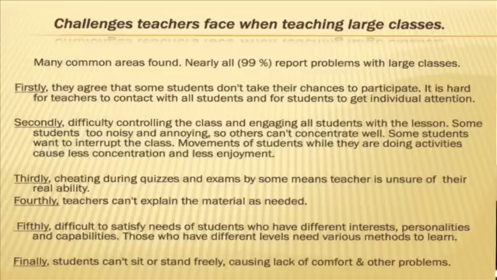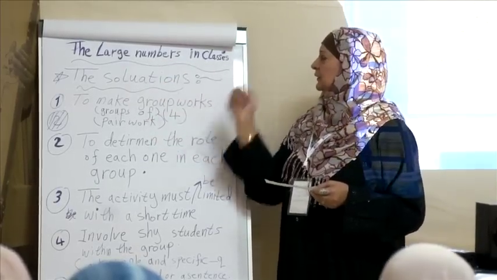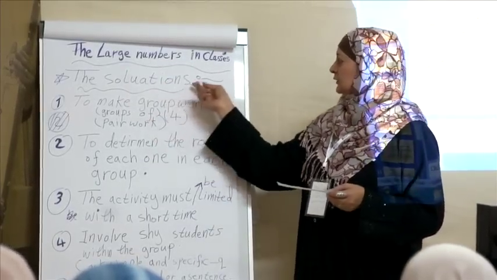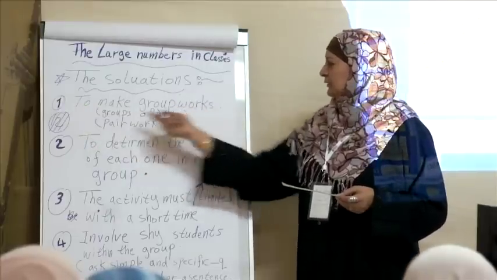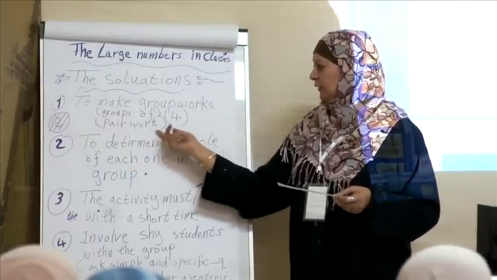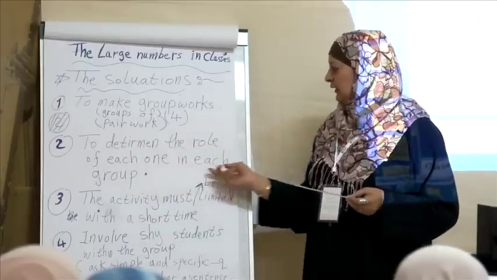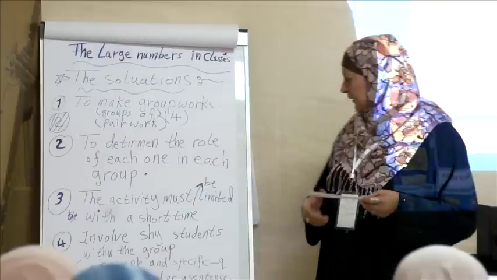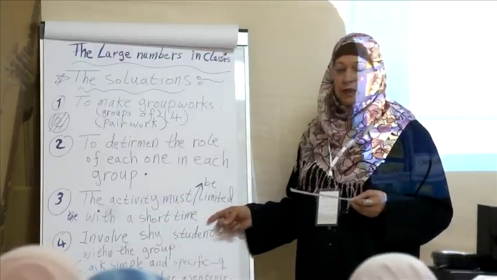Firstly, our problem is the large numbers in our classes. The solutions: first, make group work, groups of 4 or pair work. Number 2, determine the role of each one in each group. Number 3, the activity must be limited to a short time, not a long time.